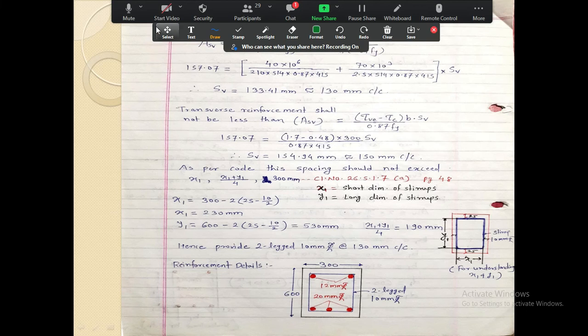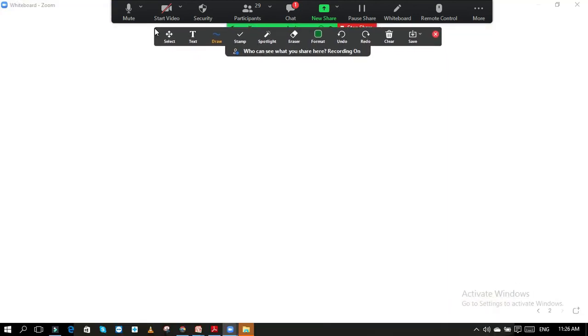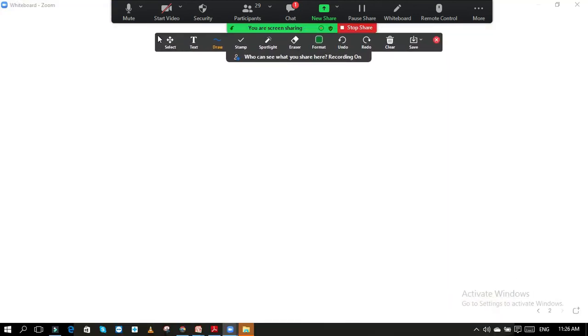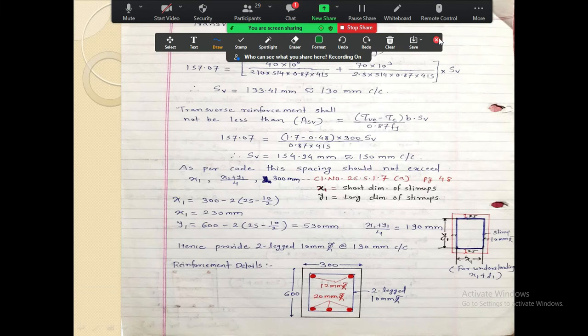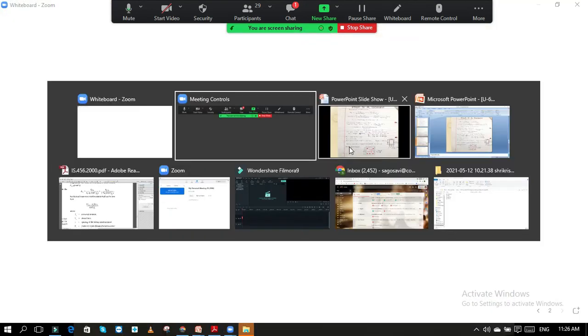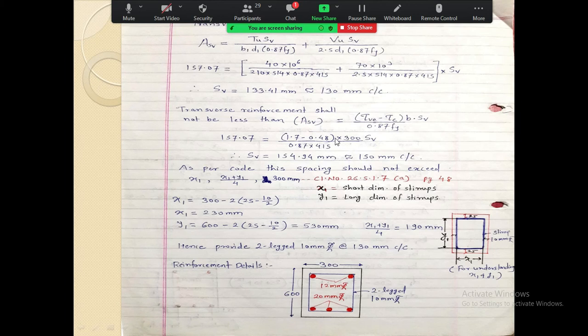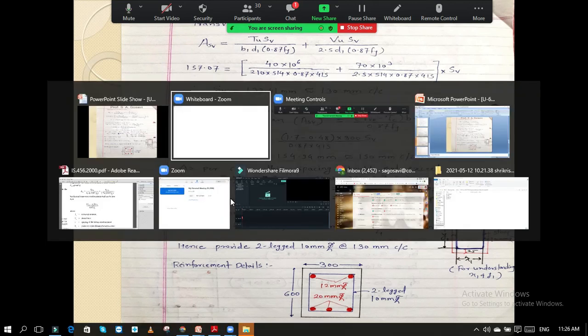Now we will calculate this transverse reinforcement. So the formula for that we can write over here first. So ASB is equal to TU into SB divided by B1 D1 0.87 FY.